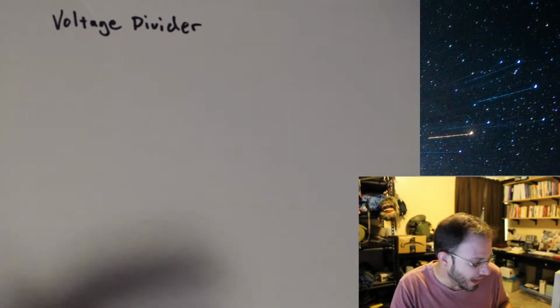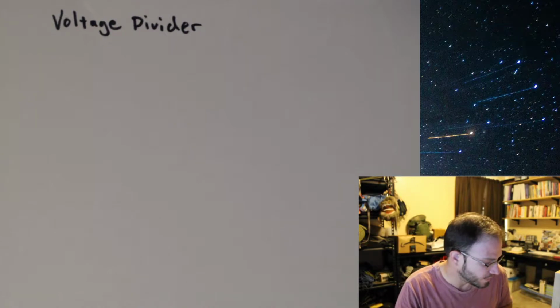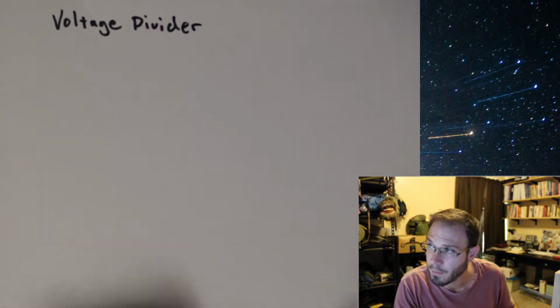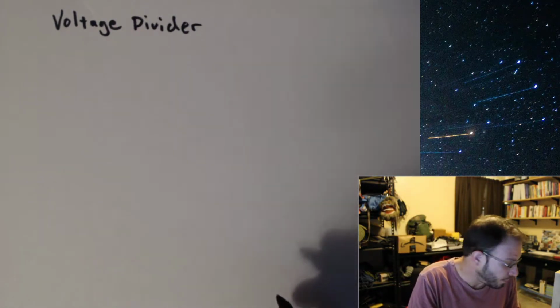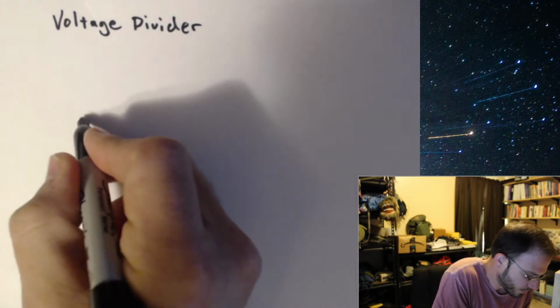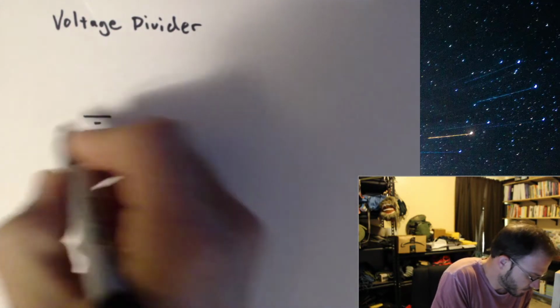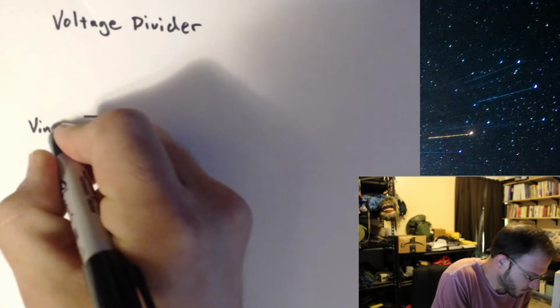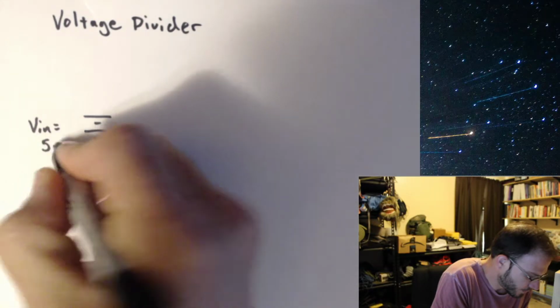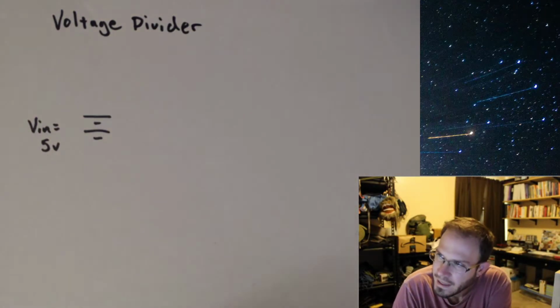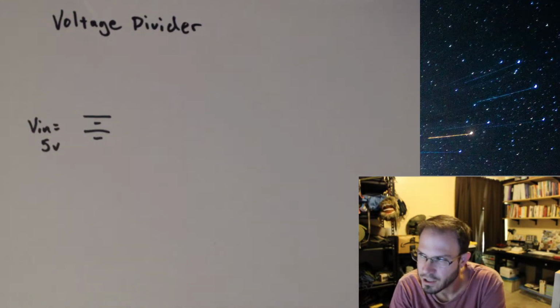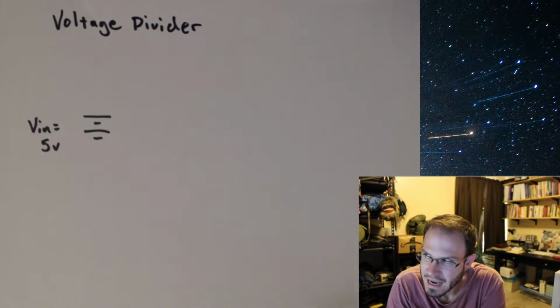So let's go ahead and talk about what this is. First off, I'm going to put the voltage divider up. And I'm going to call this voltage source V in. We can just think of it as an input.